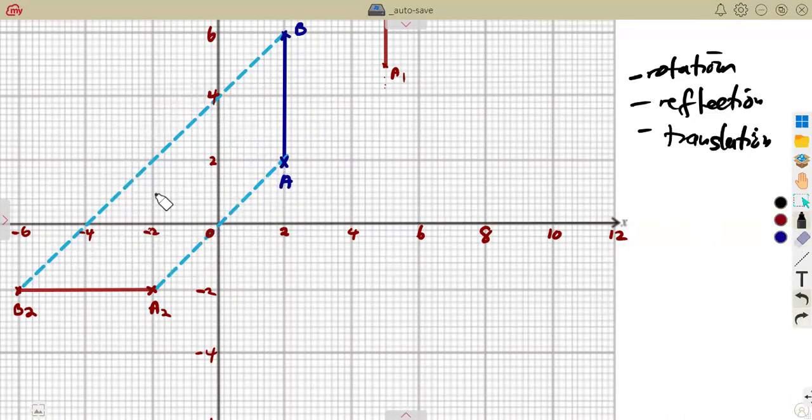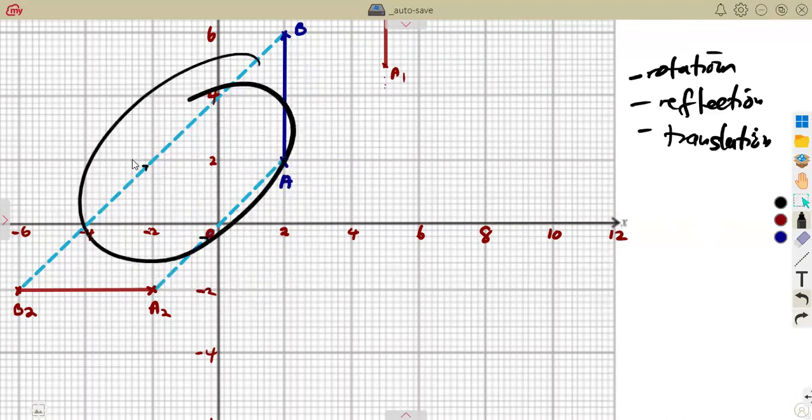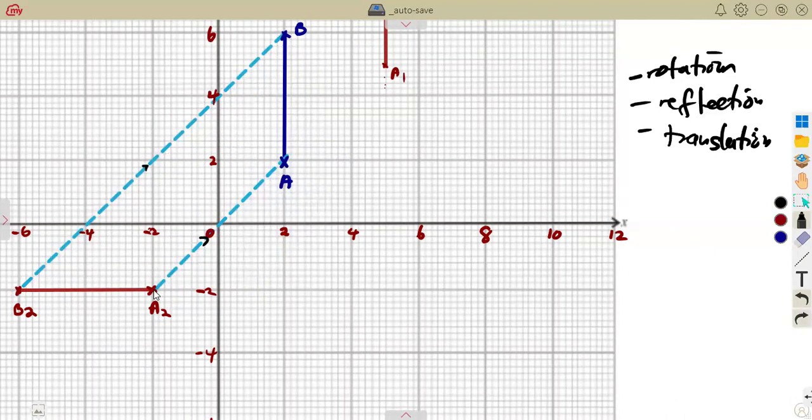These two lines are parallel to each other. From A to A2, from B to B2, these two lines are parallel. And if you take a closer look, they are not of the same length. So they are parallel and unequal.